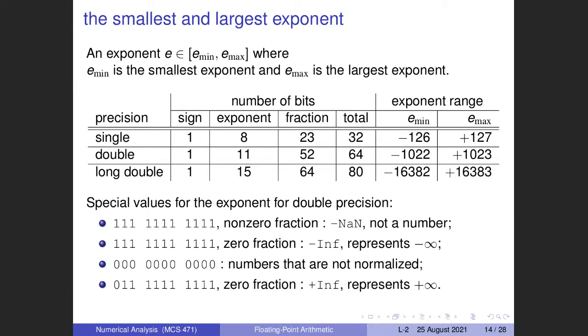So there are special numbers. Sometimes if a calculation goes bad, you see the NaN, typically if you do something that is out of range. The not a number. There is a specific way of encoding this. There's also a way to work with infinity, and for numbers that are not normalized, the exponent is then entirely 0.